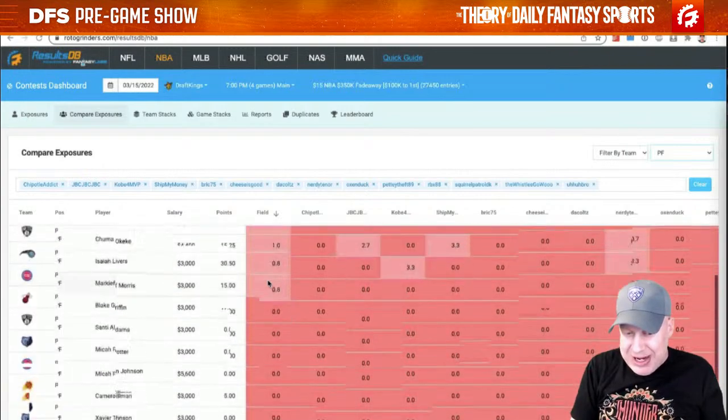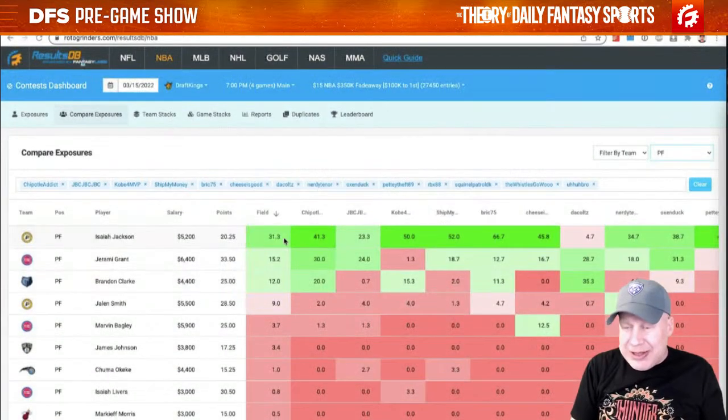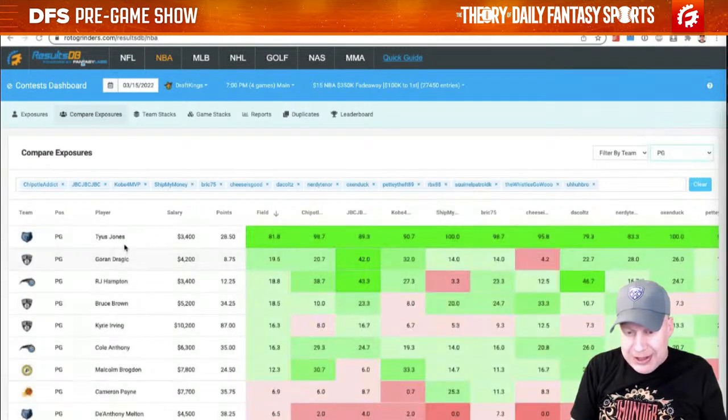So if you use Durant, I don't know if Durant is small forward eligible, power forward eligible on DraftKings. I think he is. There's not much here, but if you go to the guard positions, at point guard you had Jones, Dragic, Hampton, Brown, Irving, Anthony, Brogdon, Payne, who's a little bit expensive on DraftKings.